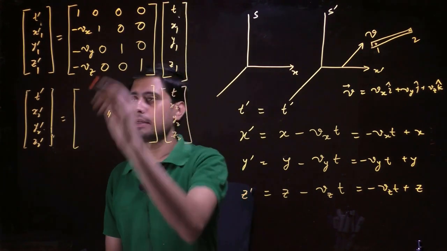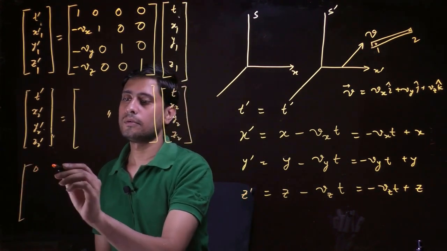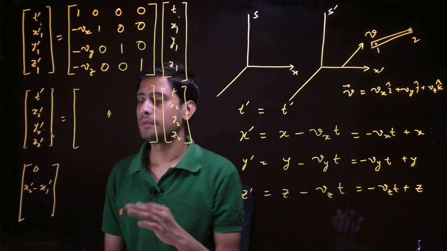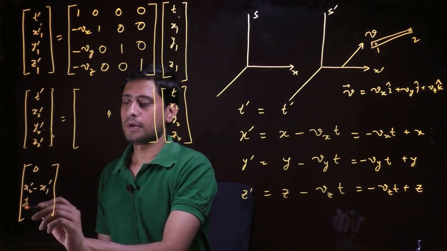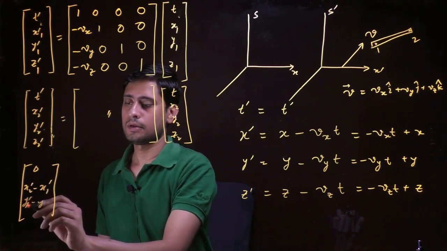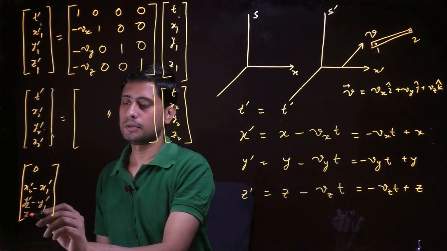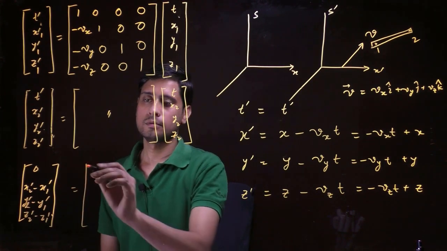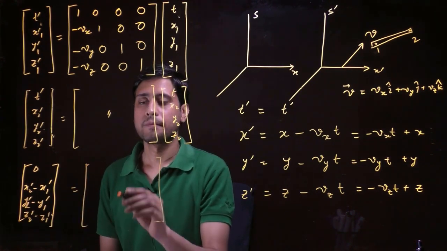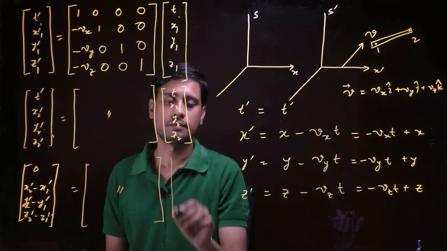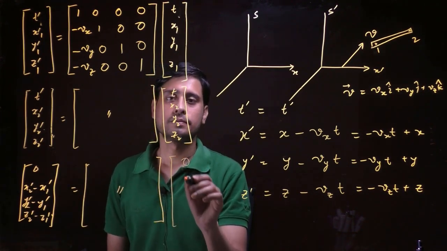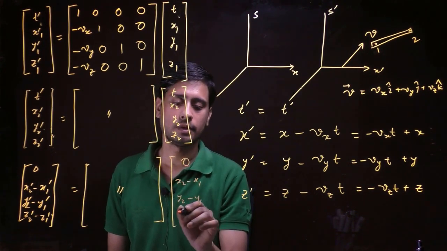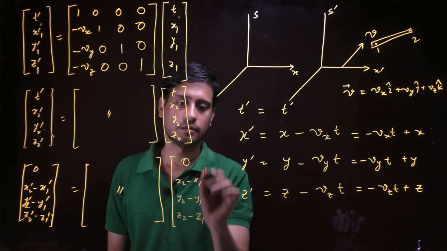Now just subtract these matrices and you will get 0, x2 prime minus x1 prime, what we got previously, y2 prime minus y1 prime and z2 prime minus z1 prime. This is equal to the same matrix into 0, x2 minus x1, y2 minus y1 and z2 minus z1.